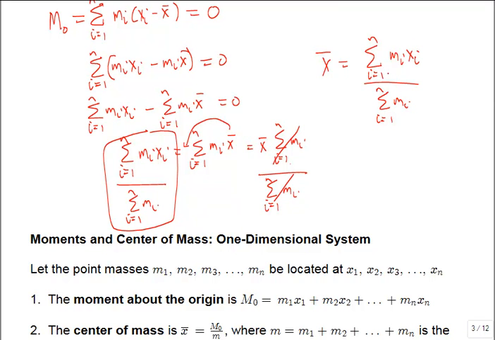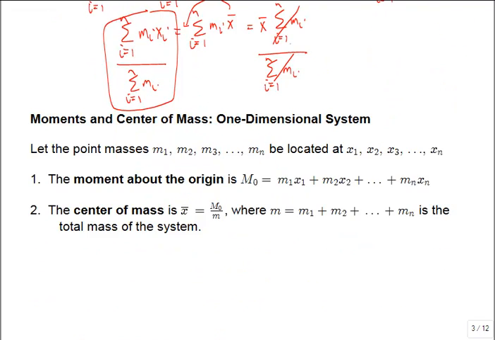So this top one right here is actually our moment of the system about the origin. So this is the m sub 0, the moment of all of our points from the origin originally. And what we're doing is dividing that by the total mass of our system. So when we do that, we get our center of mass, where that equilibrium point needs to be.